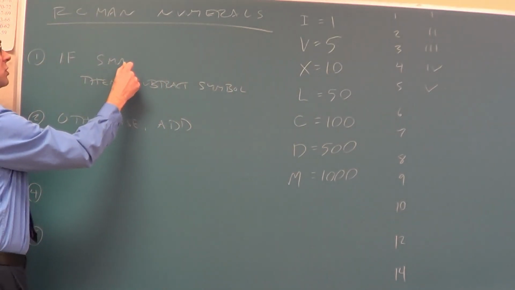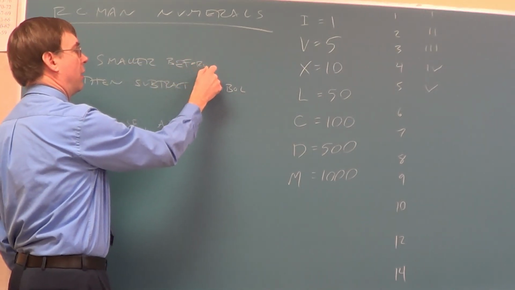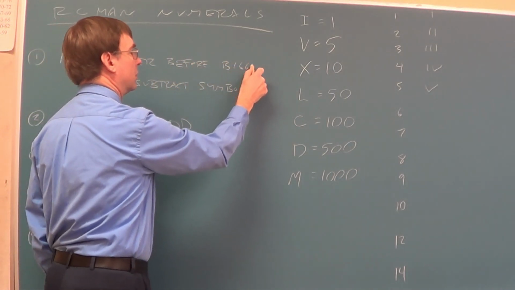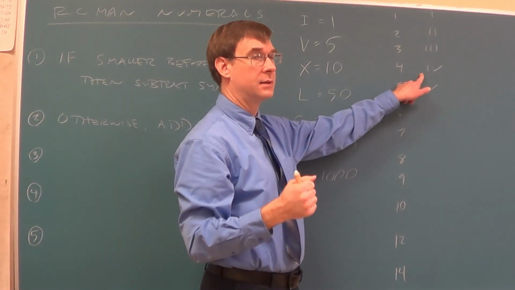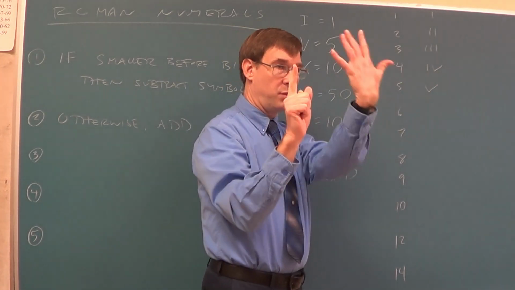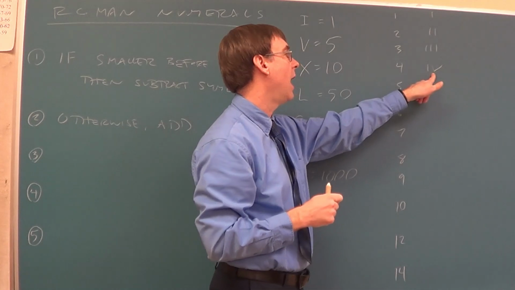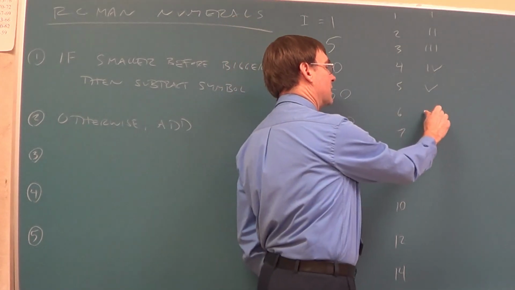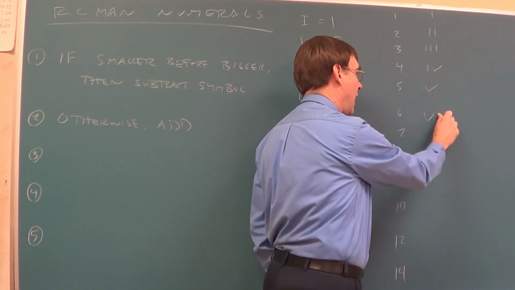Okay. So if the smaller is before the bigger, we're going to subtract. So I means 1, V means 5. If 1 is before 5, littler before bigger, we're going to subtract. 5 and 1, subtract, make 4. We said what 6 was, I think. 6 was VI.